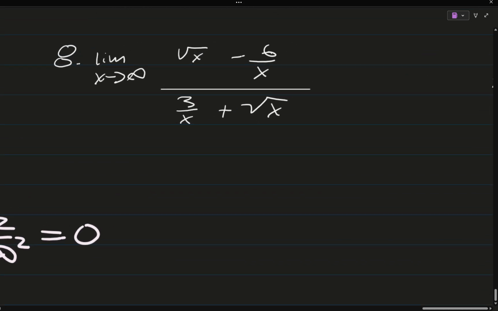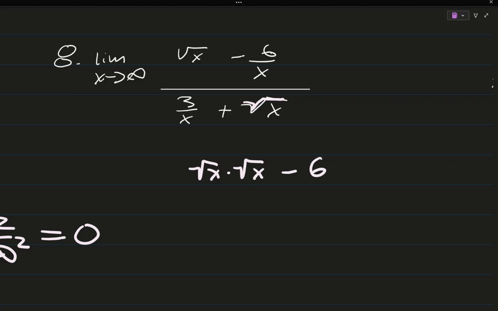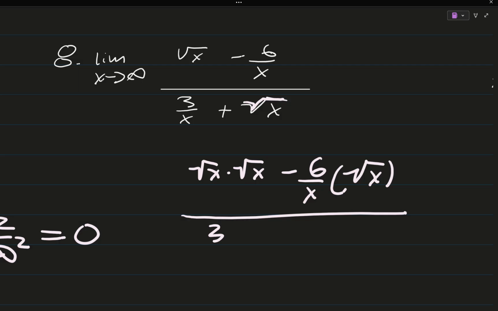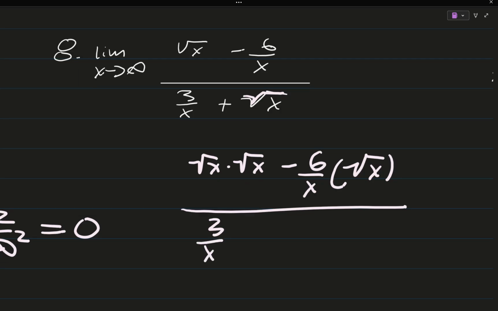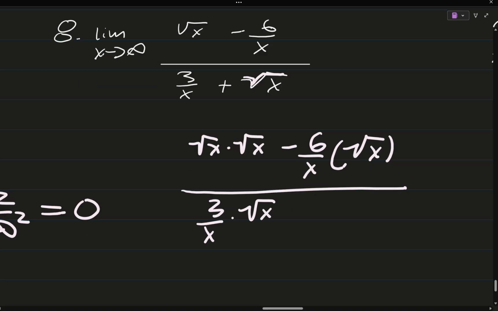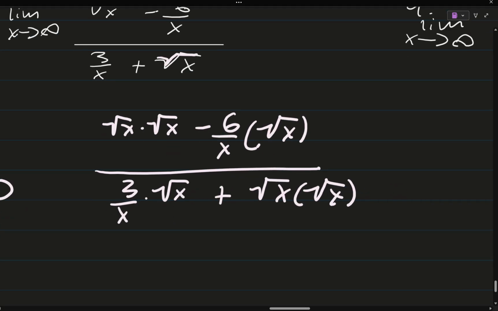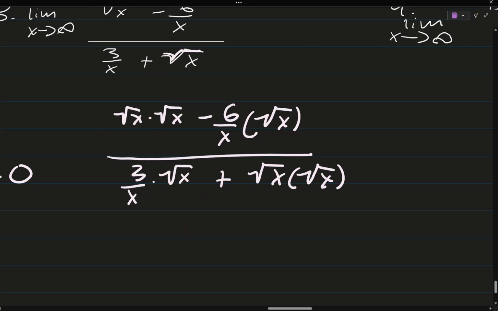From here, we're going to multiply by the square root of x. So we have the square root of x times the square root of x minus 6 over x times the square root of x, all over 3 over x multiplied by the square root of x plus the square root of x times the square root of x. For the square root of x, we're going to put this as x to the 1/2.